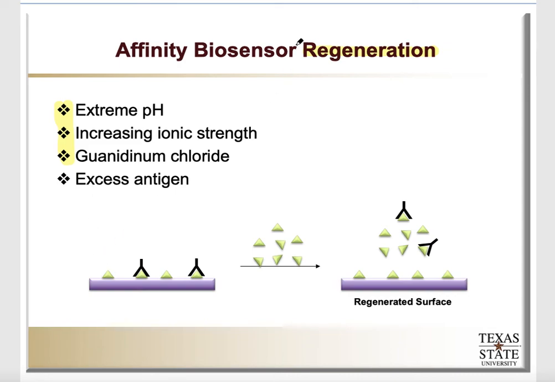Now, another thing that you can do is to actually add excess antigen to displace the initially bound antigen. And I'm trying to show an example of that here at the bottom. So for example, let's say that we have a surface, and that surface has a biorecognition molecule, which in this case is actually our antigen. So I'm showing it as an ELISA, and I didn't think about this before, but we have a surface. On that surface, we have immobilized the target analyte.